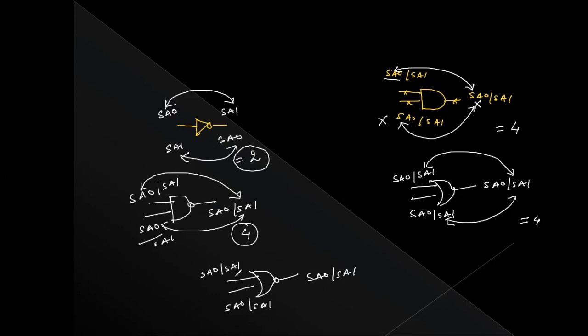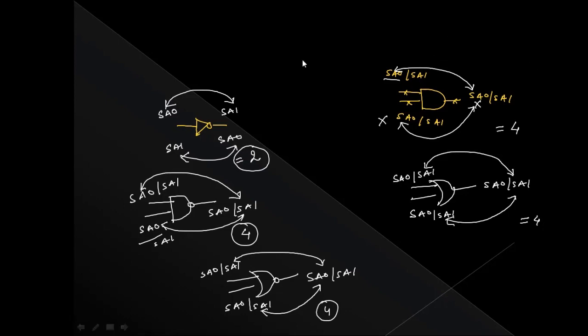In this case, if any input is 1, the output is going to be 0. So of these 3, I have to consider any one. So again, essential is 4. Are we clear what we mean by equivalence? I hope we are clear on that. That is important. Okay.